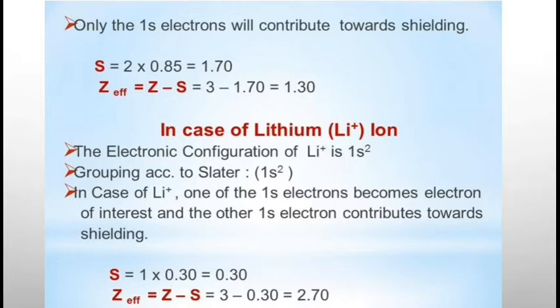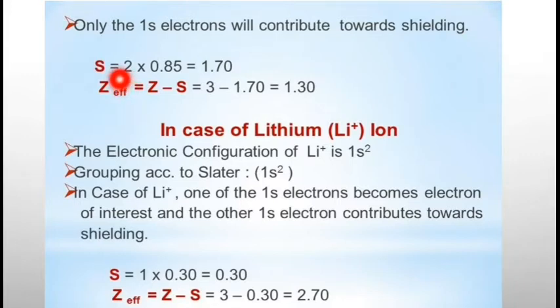Again, look at this example. If you take the lithium atom, the electronic configuration is 1s2 2s1. So to calculate the effective nuclear charge, we have to determine the S value first, isn't it? By Slater's rules we apply the S values for the last electron, that is the 2s1 electron.